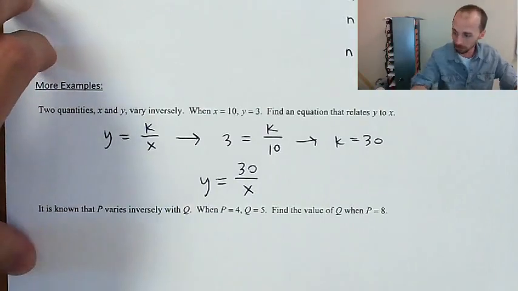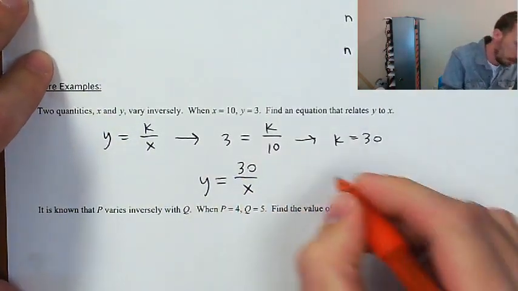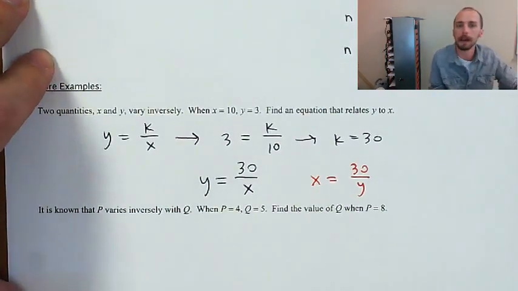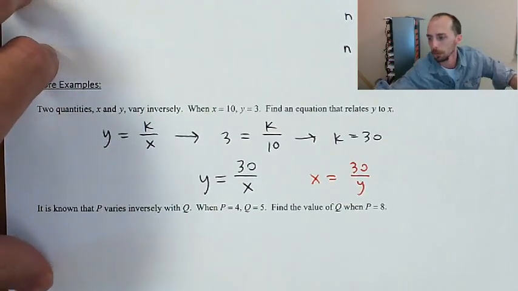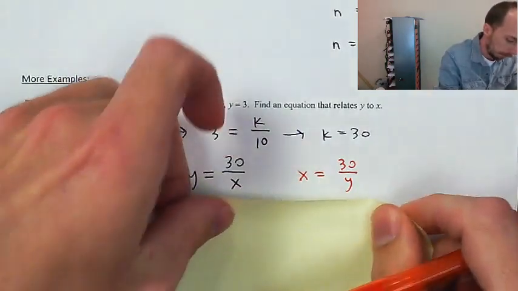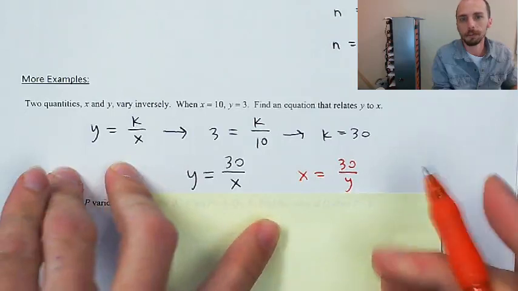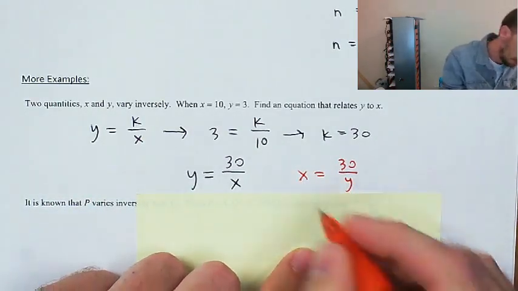Now, I think this would be the proper time for me to show you that actually x equals 30 divided by y is a valid answer to this question also. And so I'm going to just grab a Post-it note real quick and show you what I'm saying. All right, I'm going to just work on this so that I can show you that these are the same equation. So I'm going to multiply both sides of this equation in red by y.